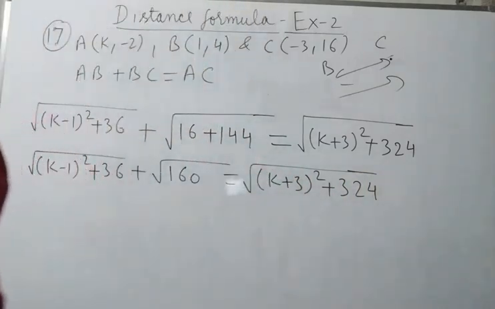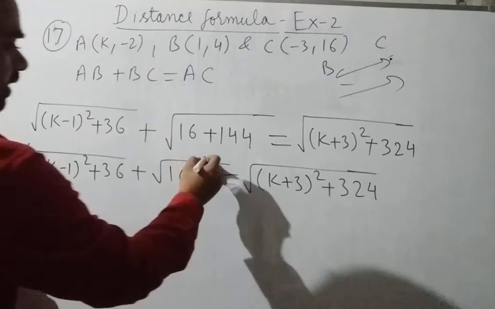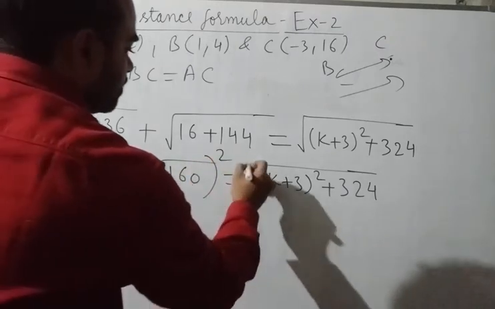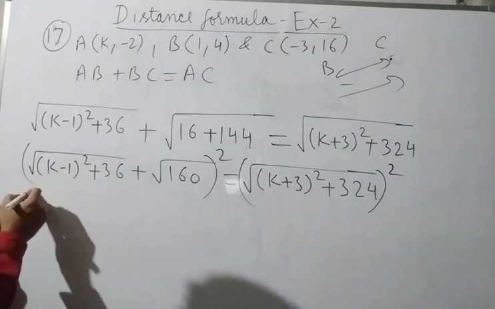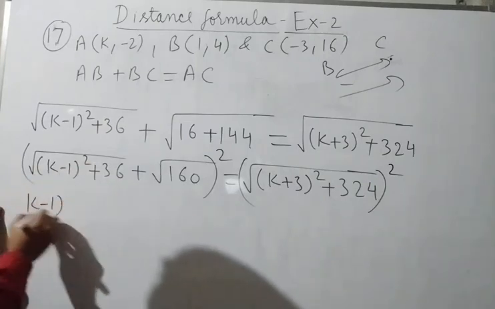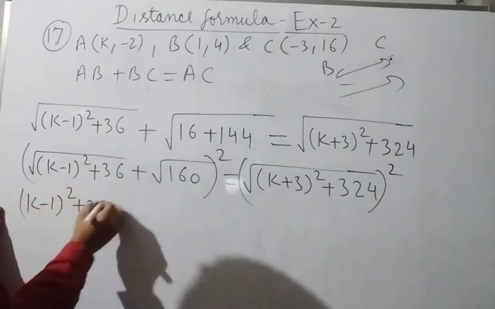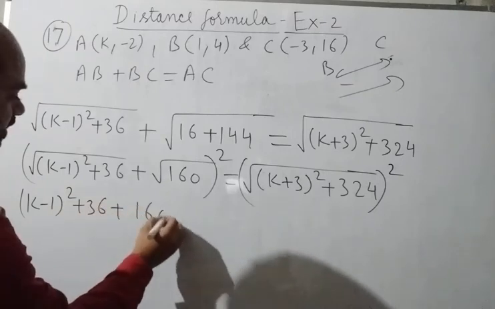Now square root is the problem, so squaring both sides. When you square both sides, this will become (a plus b) whole square, and this is directly the square. So (a plus b) whole square is first a square, correct, plus b square, correct.